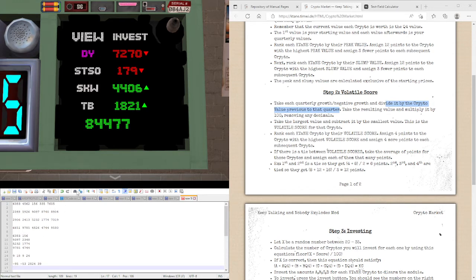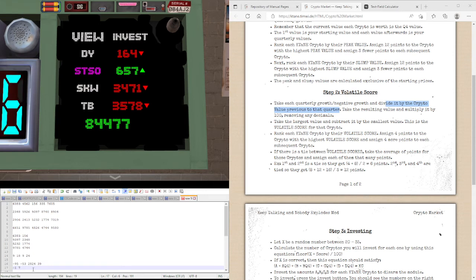Okay, so let's go on to the next one. So, negative 164 over the value at the time, 8,904 times 100 is minus 1%. Then 657 over 8740 times 100 is plus 7%.